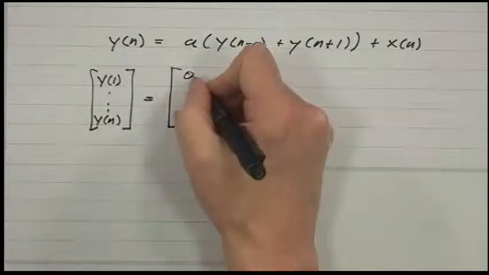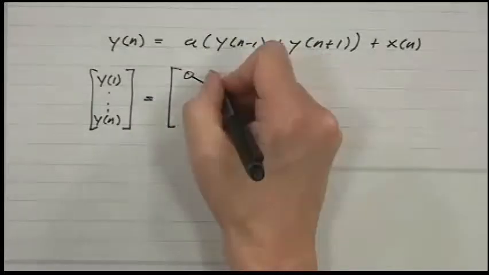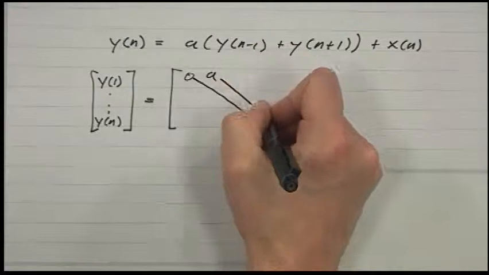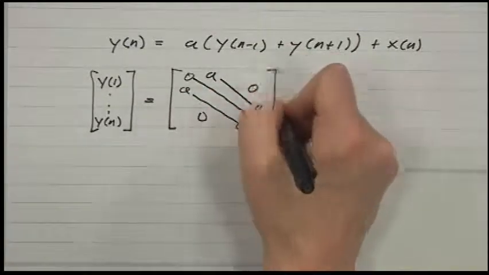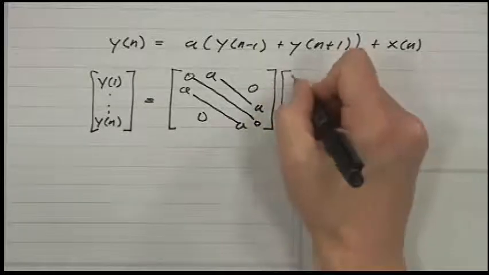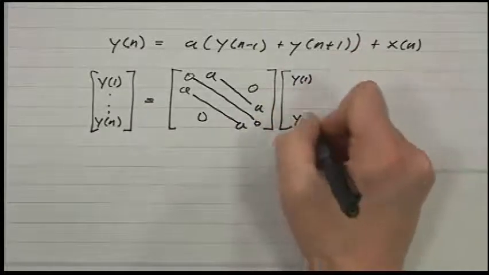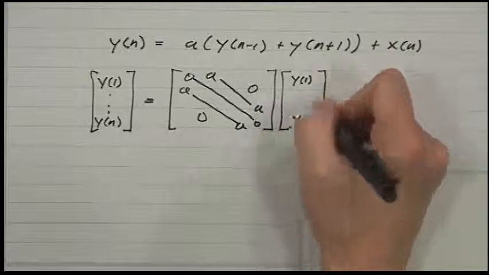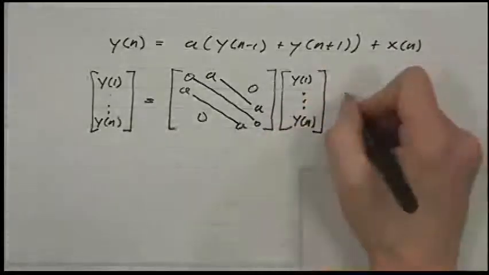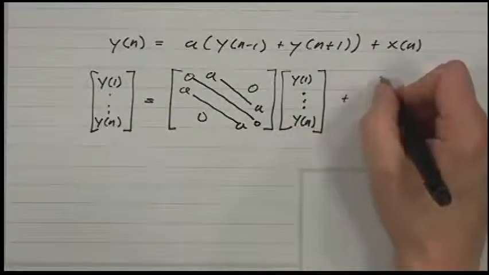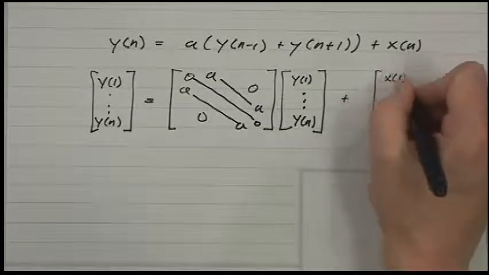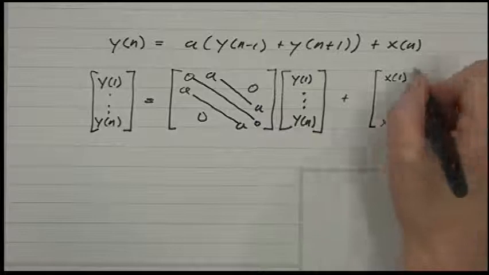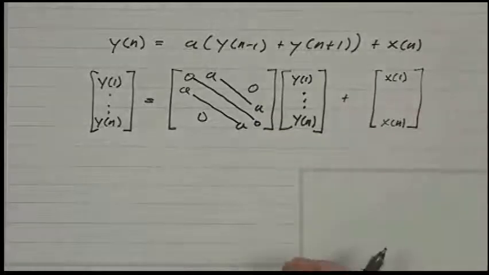This is 0. This is A. This is y1 through yn. This is x1 through xn. So that's true, right?